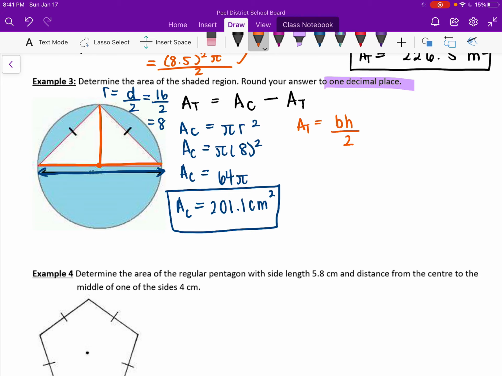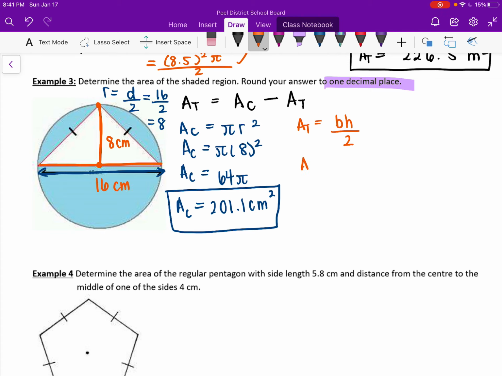My height is going from the center all the way to the end. When you have a circle and you go from center all the way to the end, we call that radius. That's why radius times 2 is equal to diameter, right? We know what the radius is because we already found it. So we know this is 8 centimeters. We know our base is going to be 16 centimeters of that triangle.